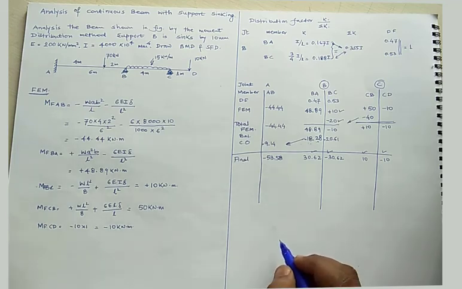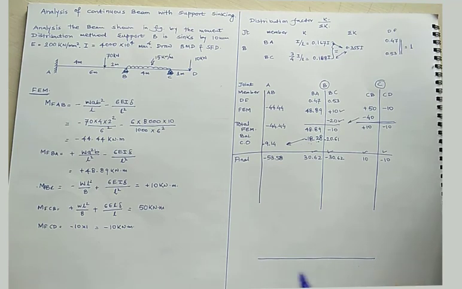Now we have to draw the bending moment diagram. For the bending moment diagram, we have to draw the line. This is point A, this is point B, this is point C, and this is D. AB has the moment minus 53.58. So from A to B we will rotate this in the anticlockwise direction as the sign is minus.